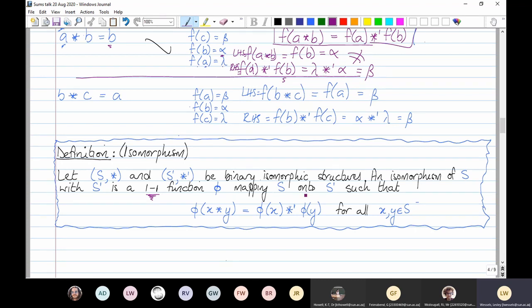It's a mapping, which we will also discuss, of S onto S prime, such that the following property is met, and this we call a homomorphism. The homomorphism along with a one-to-one and onto mapping is called an isomorphism.